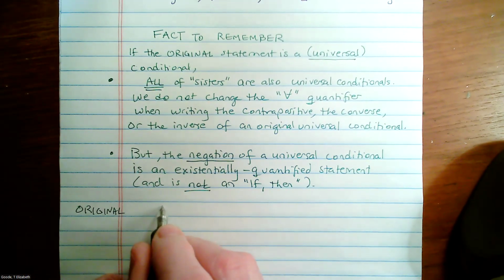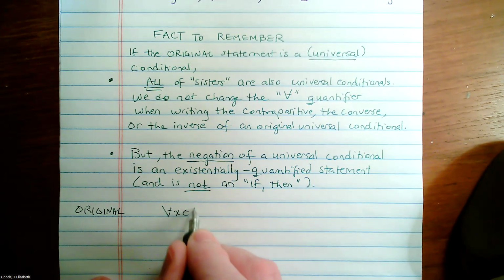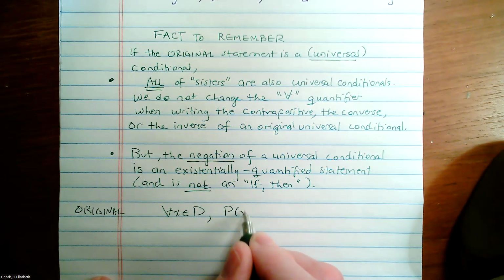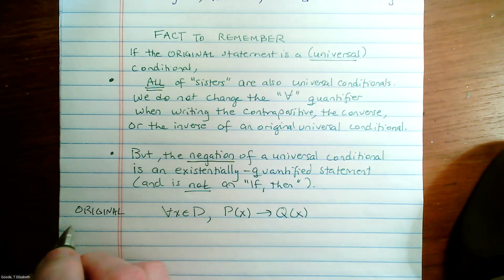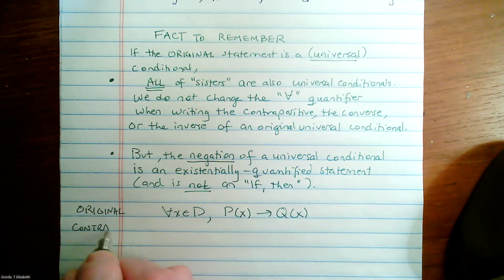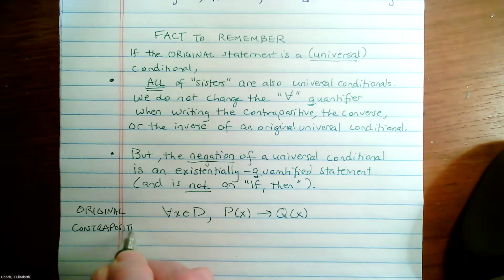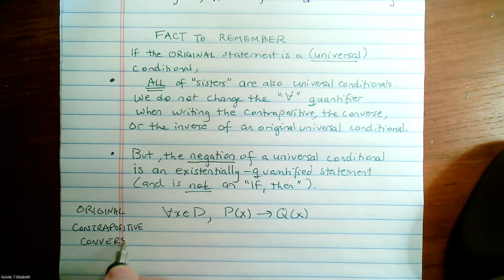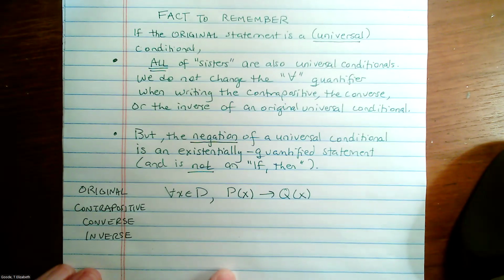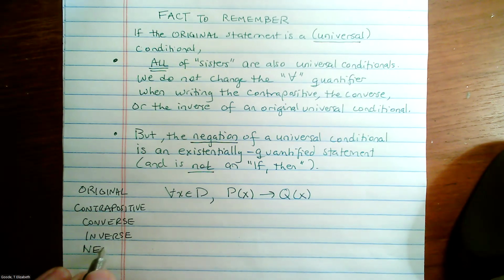If the original says, for all x in D, if P of x holds, then Q of x holds, then the contrapositive and the converse and the inverse will all be for all statements because they're all if-then statements. But the negation is an existence statement, right?